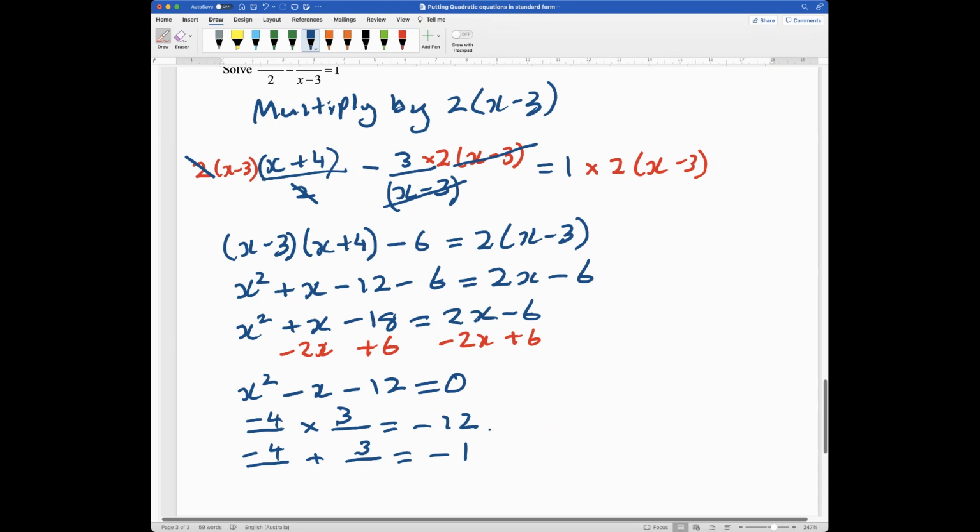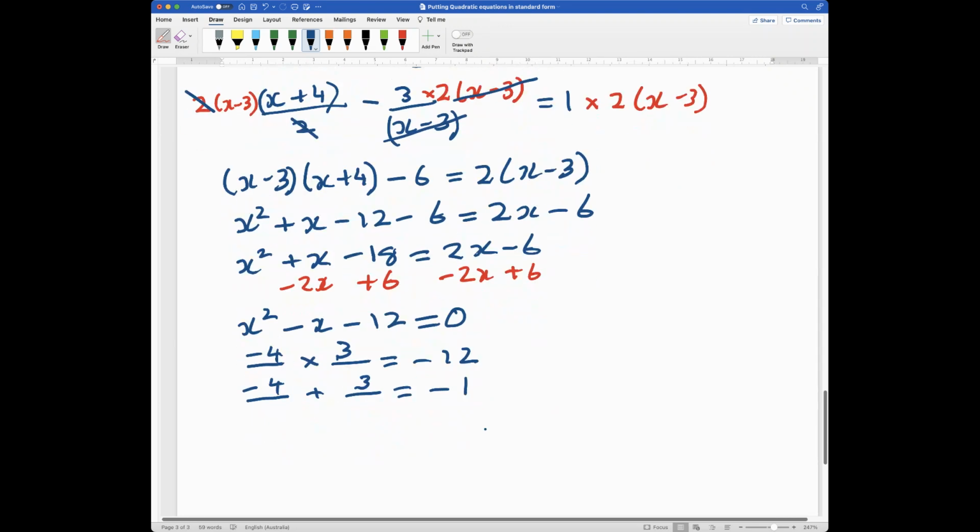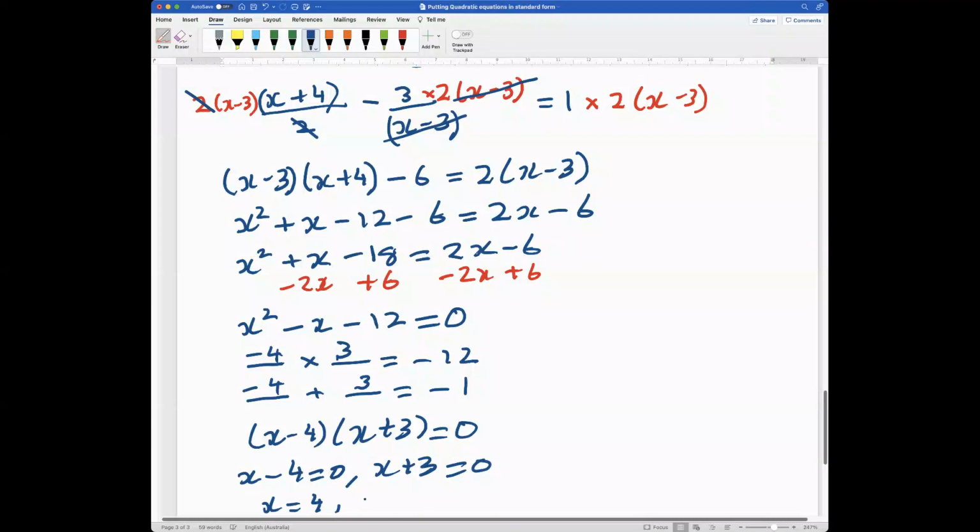So we can then factorize that. So we're going to get x minus 4, x plus 3, and that's equal to 0. So then you're going to get x minus 4 equals 0, x plus 3 equals 0. So you're going to get x equals 4, x equals -3. And that's your final answer.